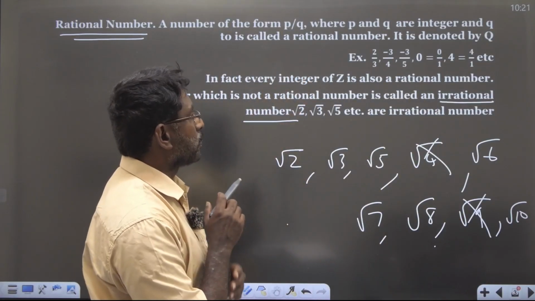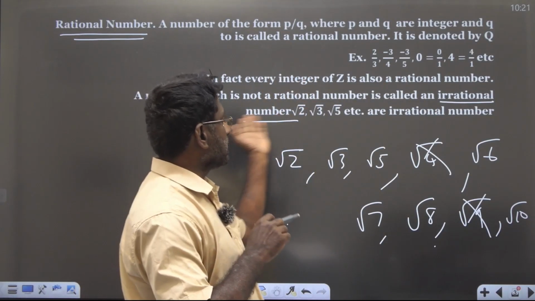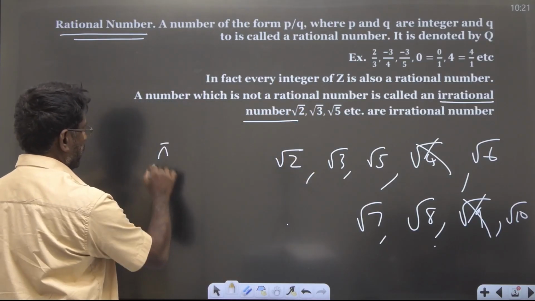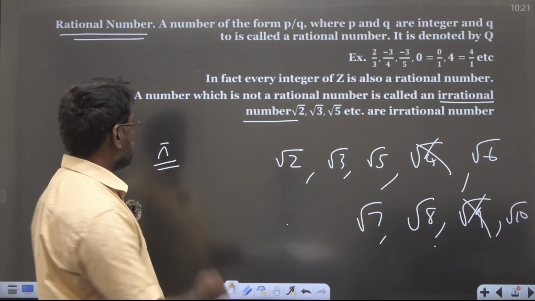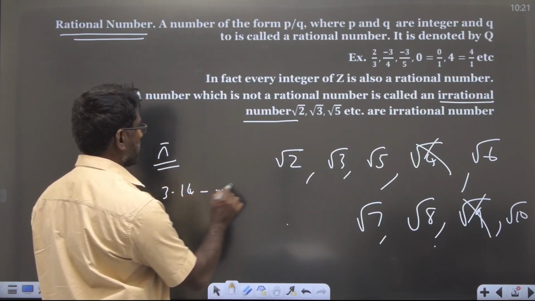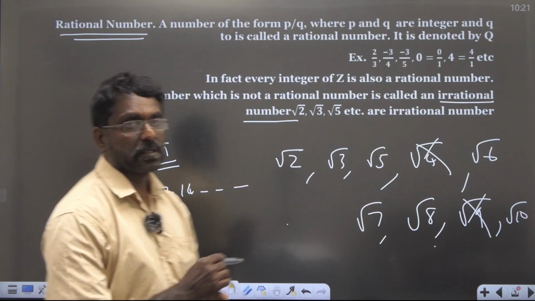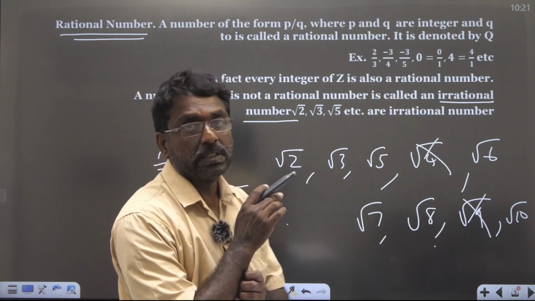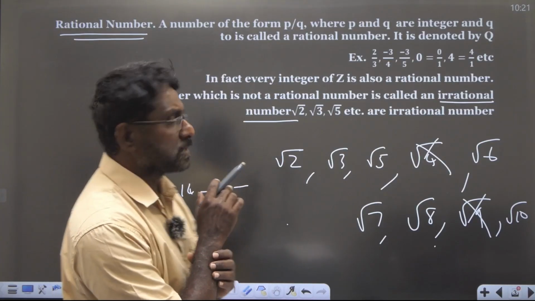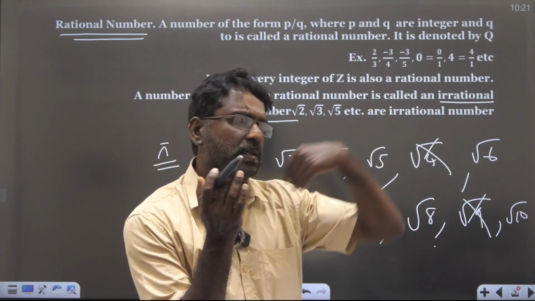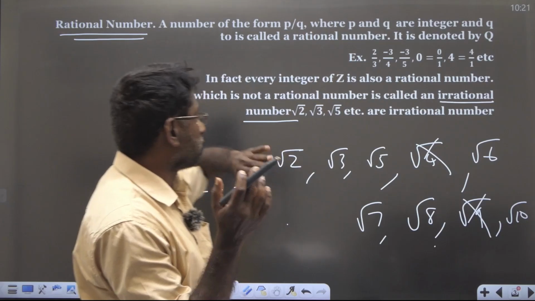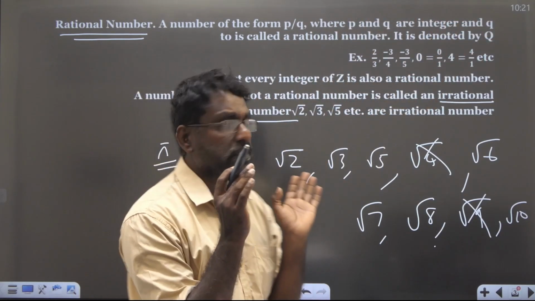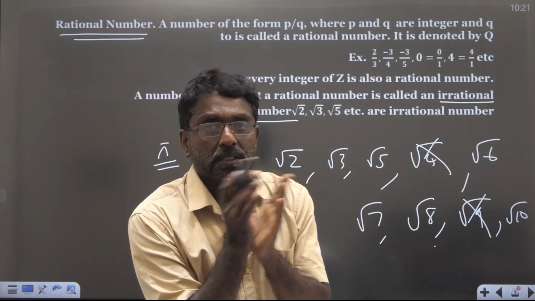Then examples for rational numbers and irrational numbers. Another irrational number is pi. Pi is an irrational number, that is 3.14, etc. It never ends. Such numbers are called irrational numbers. Root 2, approximate value 1.414, etc., never ends. Root 3, 1.732, etc., never ends. Such numbers are called irrational numbers.